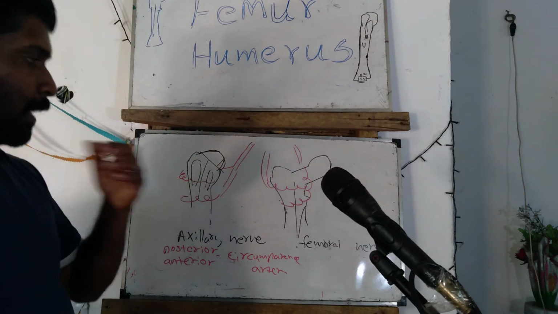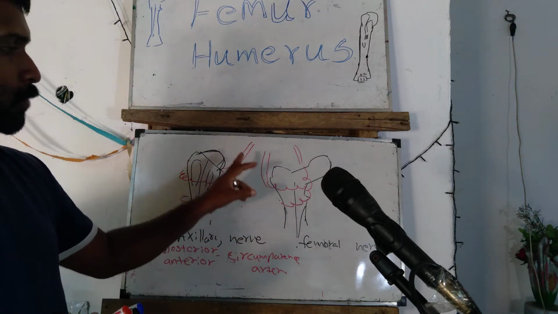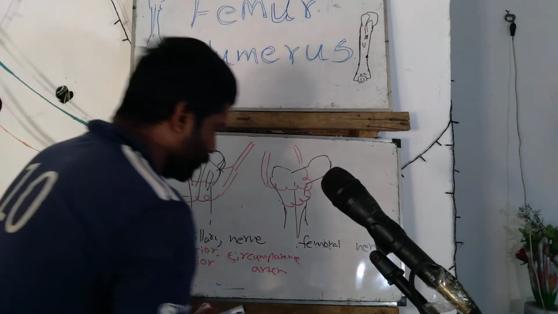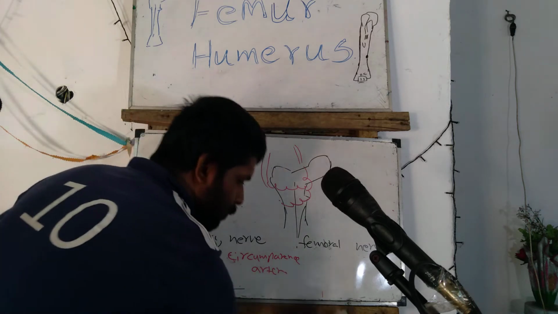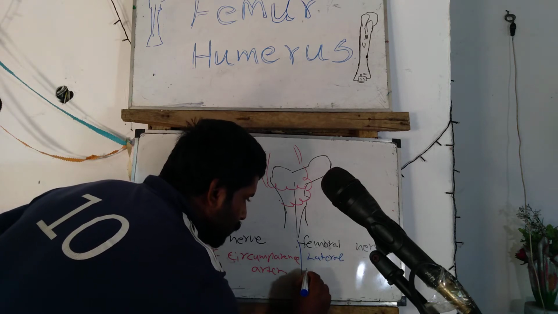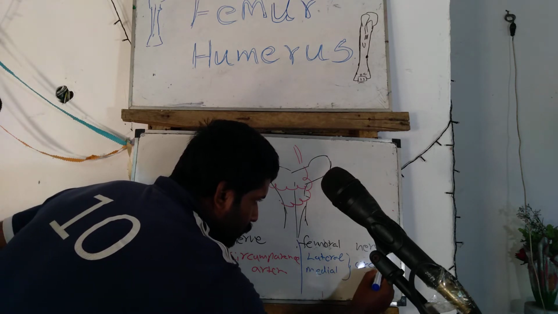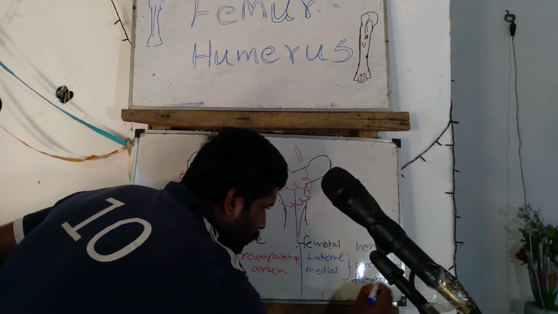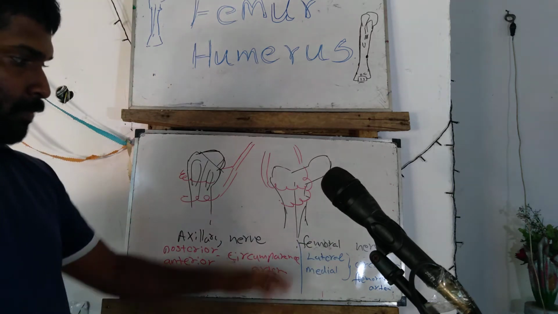The femoral head also gets some form of branch from the femoral artery: the lateral circumflex femoral artery and the medial circumflex femoral artery.